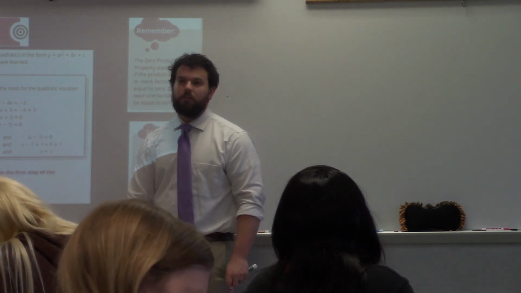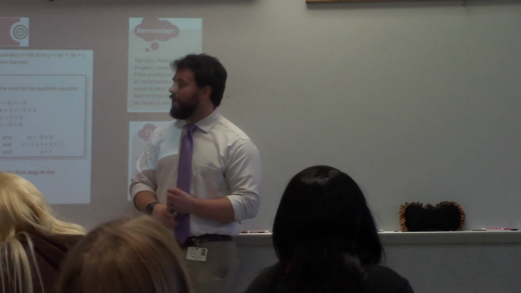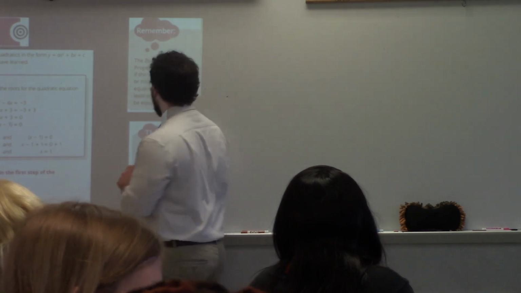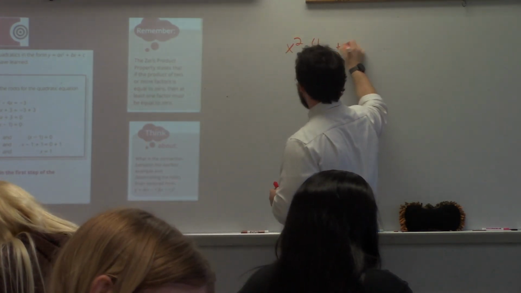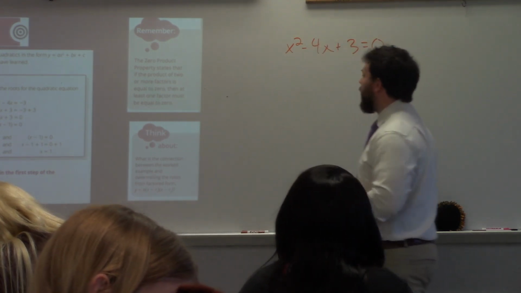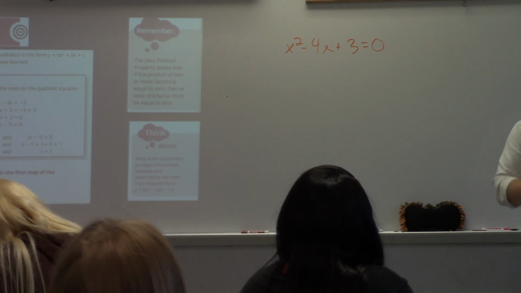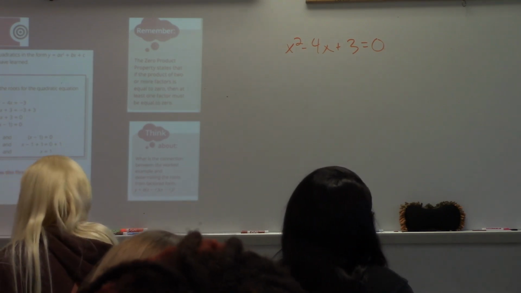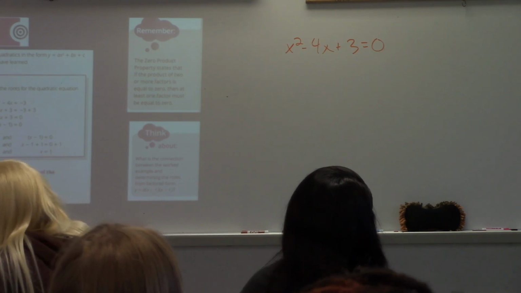The zero product property. I need y'all to hear me very clearly on this one detail. If you have x squared minus 4x plus 3, what form of a quadratic equation is that? That's standard form. You cannot solve a quadratic equation in standard form. So you have to get it into which form?